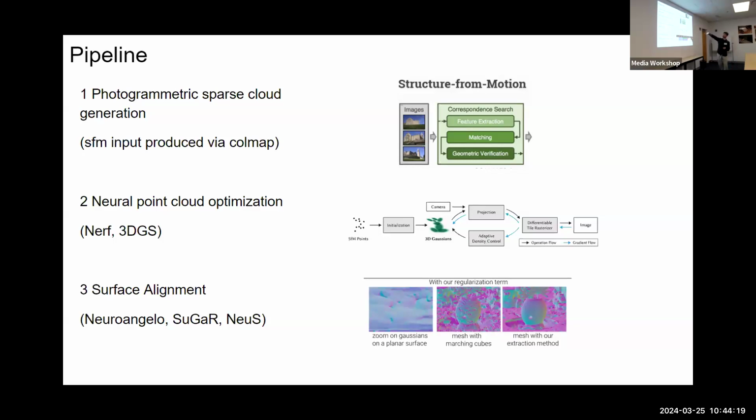You take that first step of matching and feature extraction from photogrammetry, and then you apply that to either the neural radiance field or 3D Gaussian splatting algorithms, which take up those structure from motion points, and then run that through a different rasterization process, either the neural radiance field or the Gaussians.